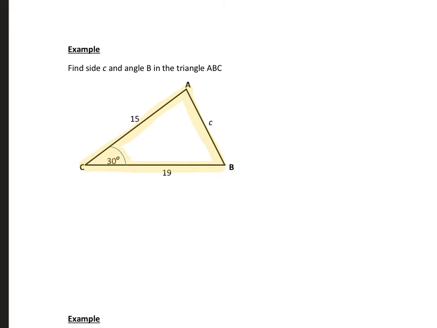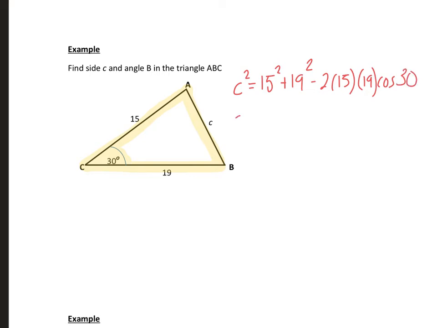So since I'm trying to find this C, I'm going to put c squared by itself first, equals the other 2 sides squared. So it's like Pythagoras, and I take away 2 lots of 15 times 19, cos the angle opposite C, which is 30.